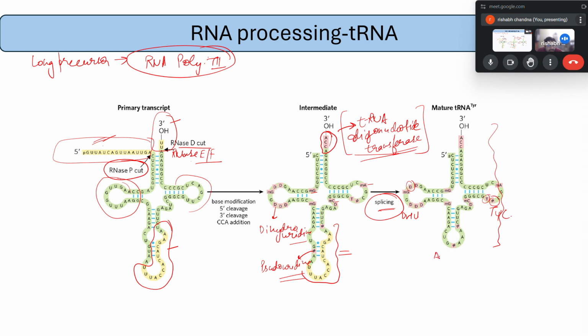This is the anticodon loop that contains the anticodon recognizing the codon from the mRNA, and this is the amino acid attaching site. So this brings us to the mature tRNA and how these things happen. So this was the processing for the tRNA.